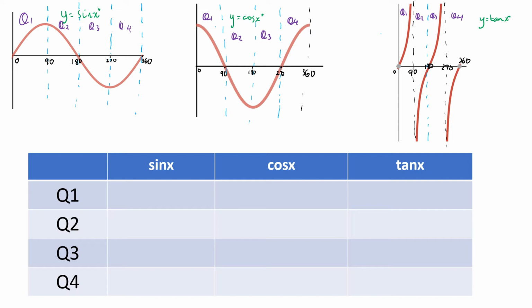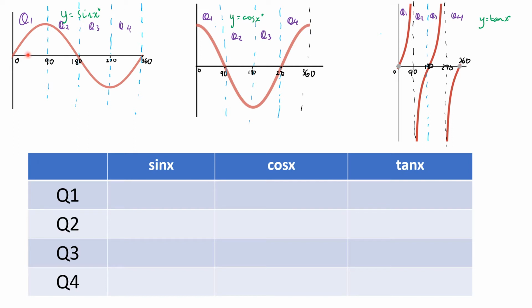What we've got at the bottom here is a table with sine, cos, and tan, and Q1, Q2, Q3, Q4, each corresponding to the 4 different quadrants. What we're going to record in this table is whether the function is positive or negative in that quadrant, whether the value is above the x-axis or below the x-axis.